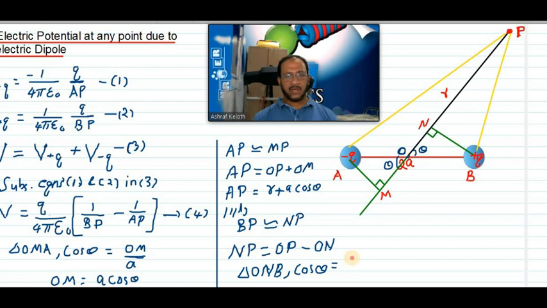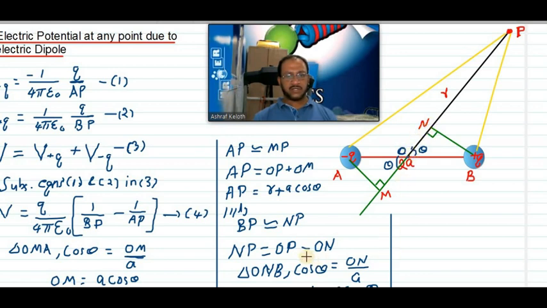So ON divided by A, ON equals A cos theta. Then NP: OP is R and ON is A cos theta, so NP is equal to R minus A cos theta.